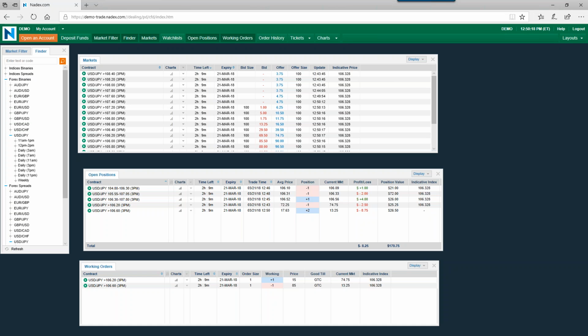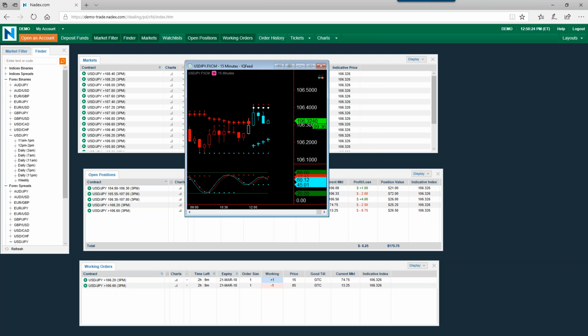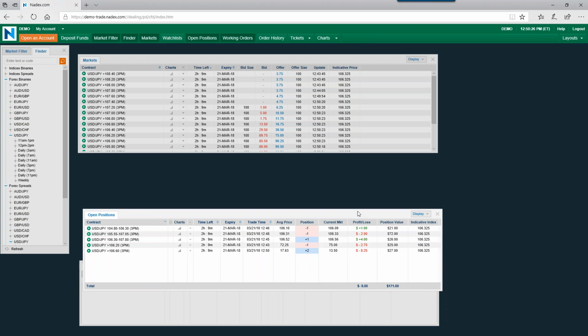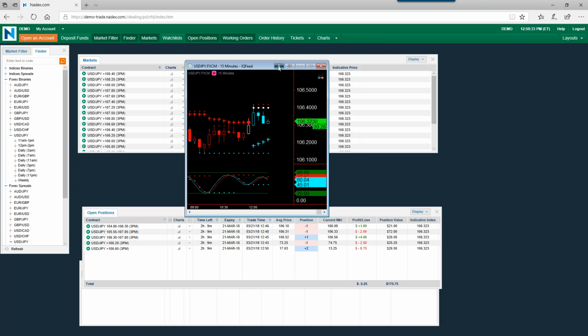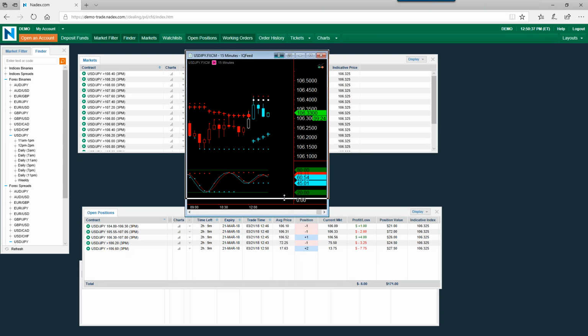Now, what does that really mean? Okay, well, let me put up a standard chart that I use. And we're going to just put some lines on it so we'll know exactly what this binary does, okay?